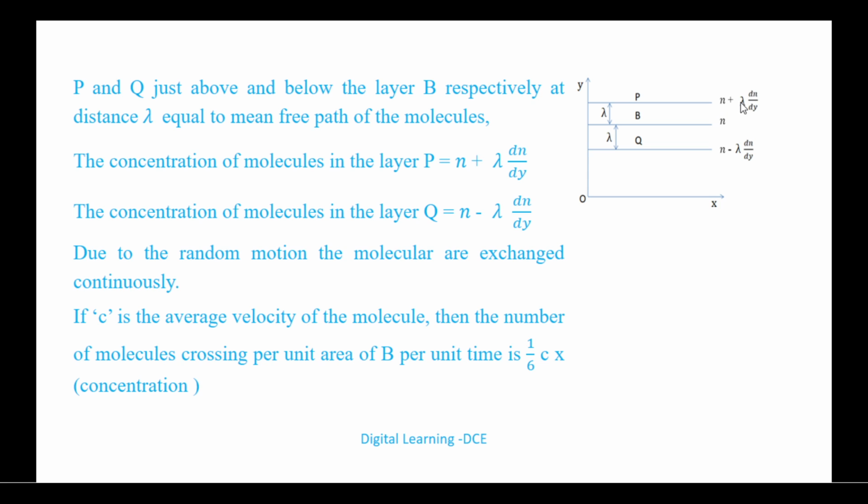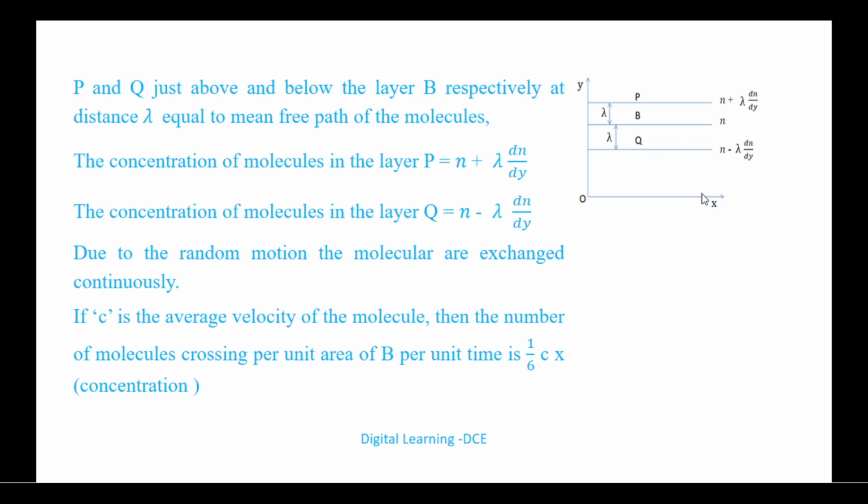Here n plus lambda dn by dy represents the concentration of gas molecules in the layer P. Similarly, the concentration of the gas molecules in the layer Q is equal to n minus lambda dn by dy. These terms represent the concentration of gas molecules in the respective layers.